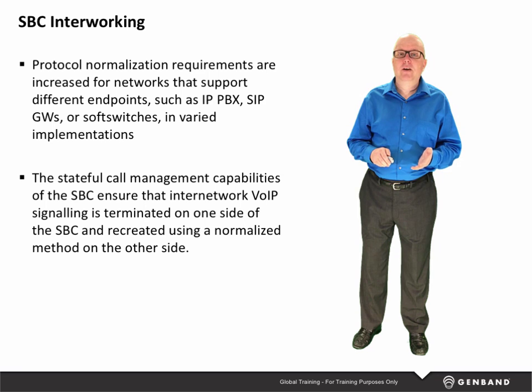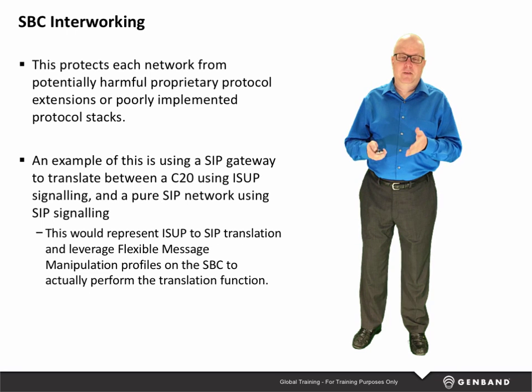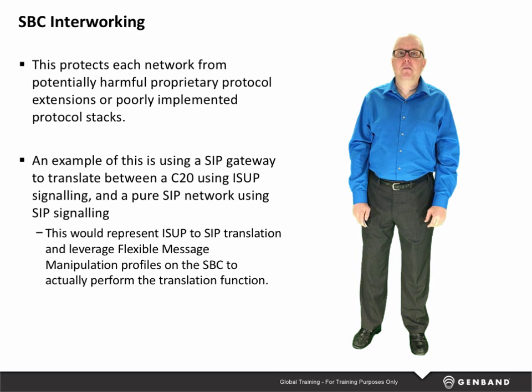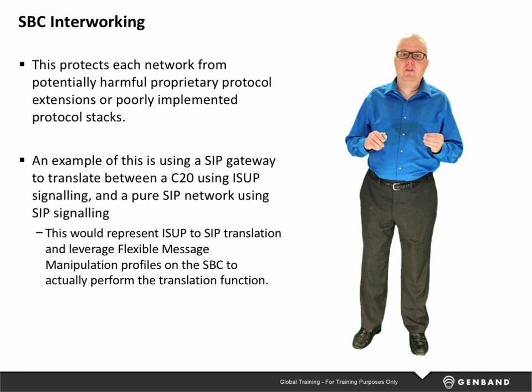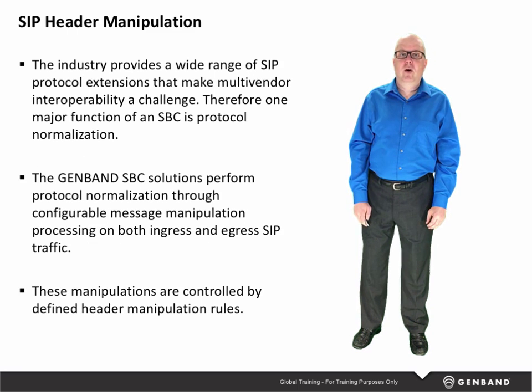We can also do SIP to Signaling System 7 or ISUP, and ISUP to SIP. We can go both ways. So we can convert SIP to SS7, SS7 to SIP. So we have a number of different ways of normalizing protocols in the network depending on what it is you're trying to connect.